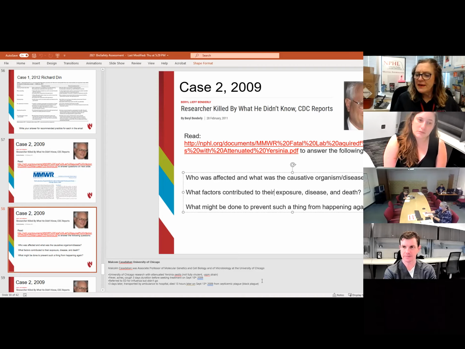What could have been done to prevent these things? Well, if you think about it, in the previous Neisseria meningitidis case, one thing that could have been done is to be vaccinated for it. It's known as the meningococcal vaccine.